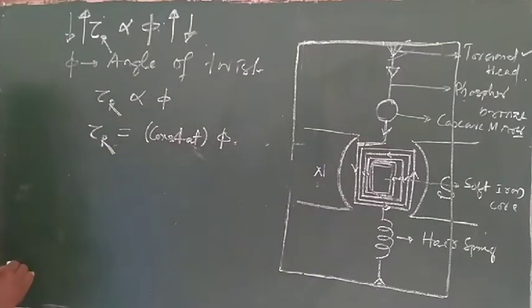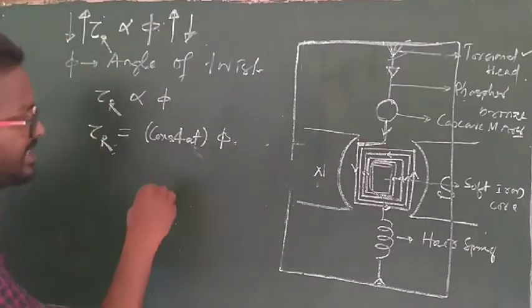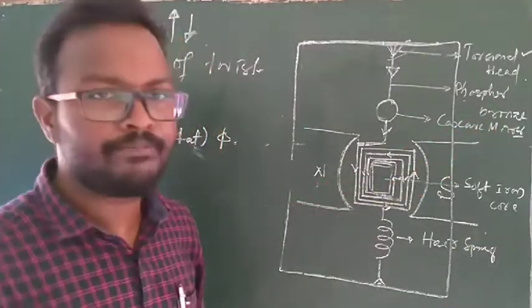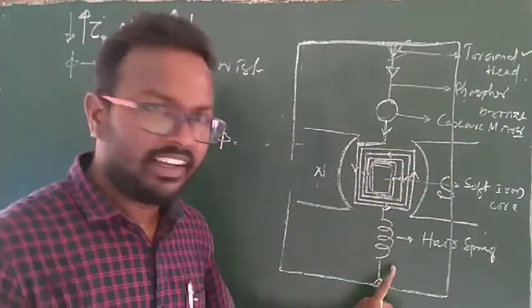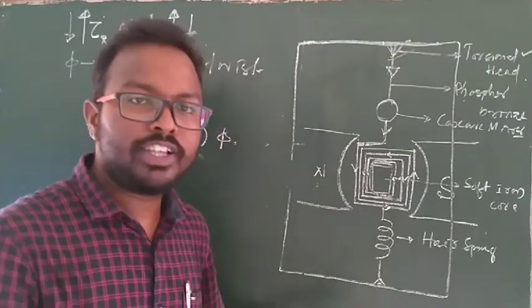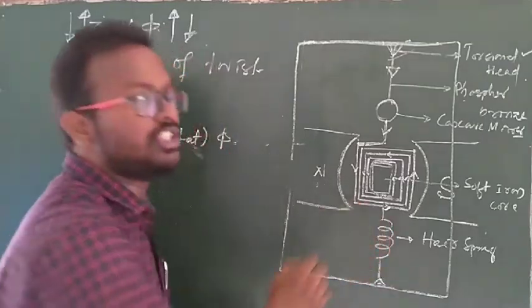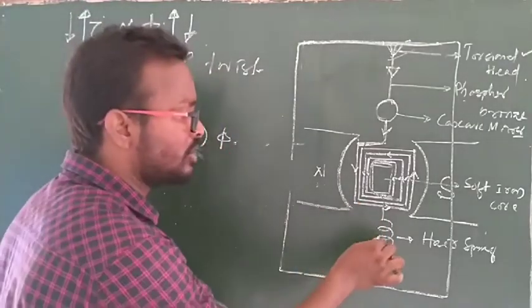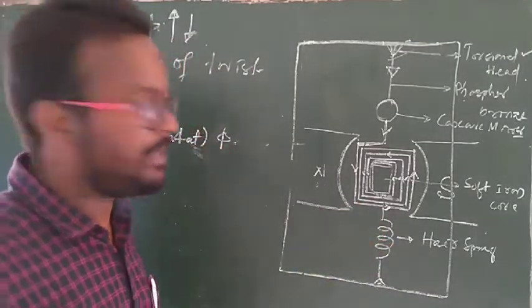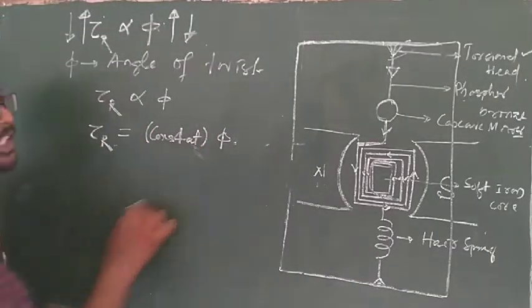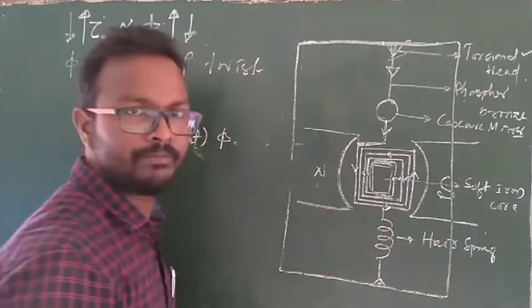What is restoring torque? Restoring torque is the torque developed in the phosphor bronze strip or hairspring, which always tries to come back to its initial position, where the net force acting on the spring is zero, when the current flowing through the circuit is zero.